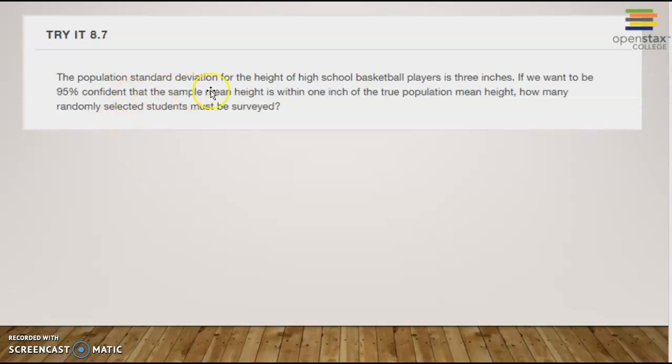Population standard deviation for the height of high school basketball players is 3 inches. So, we've got standard deviation, 3 inches. If we want to be 95% confident within 1 inch, how many randomly selected students must be surveyed? So once again, we have our formula, your multiplier, and we're using the same 95%.